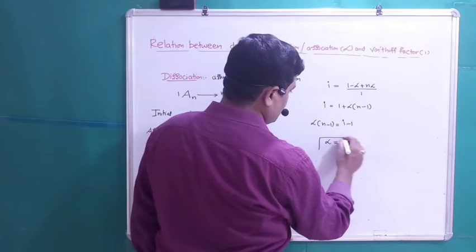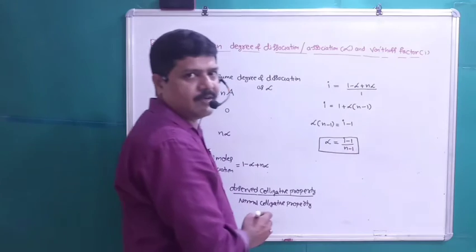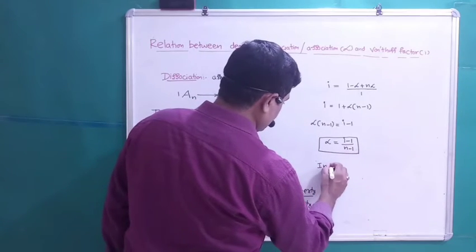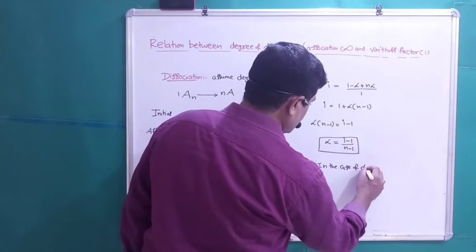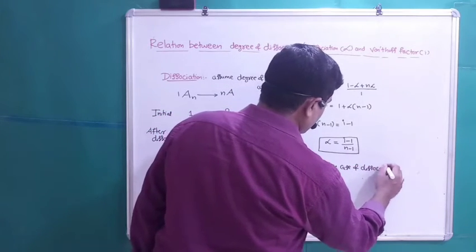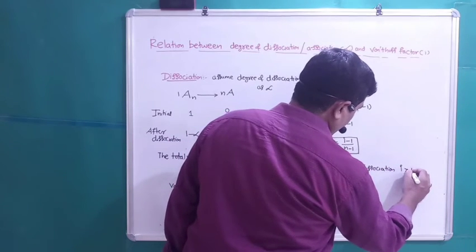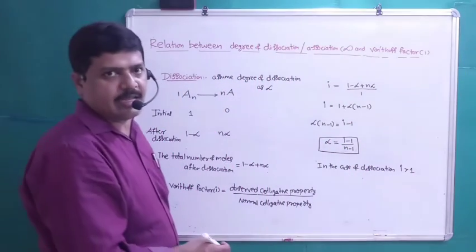This is the relation between degree of dissociation alpha and van't Hoff factor i. Generally, in the case of dissociation, the i value is greater than 1.